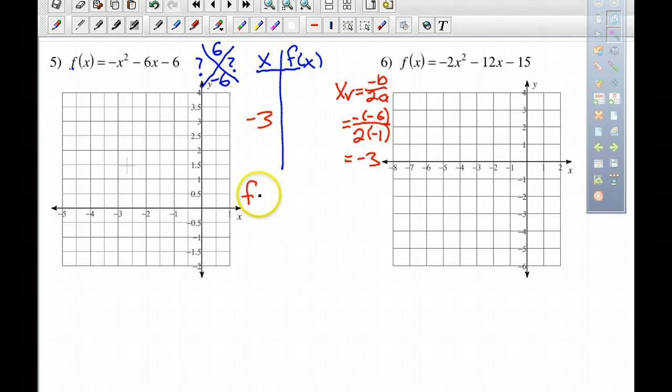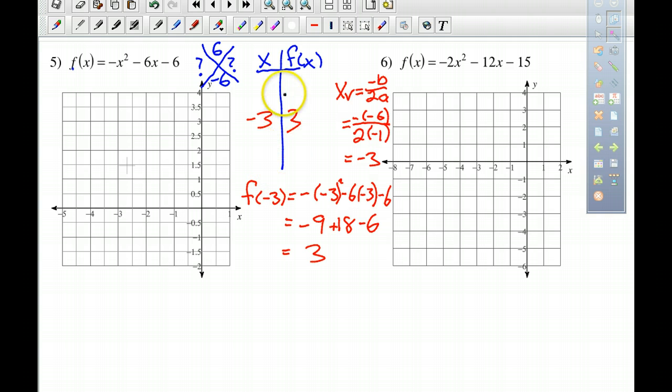Now plug in f of negative 3. We have negative 9 plus 18 minus 6 equals 3. So negative b over 2a gave me negative 3.